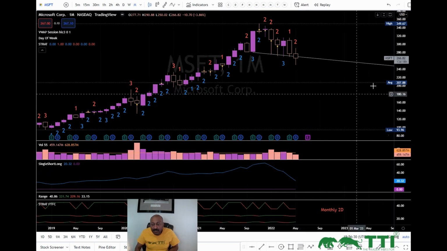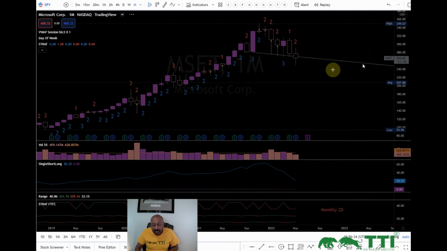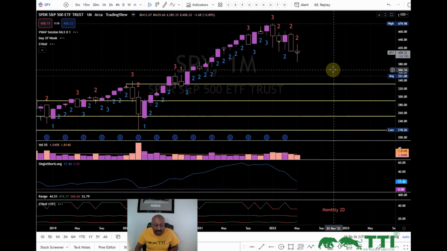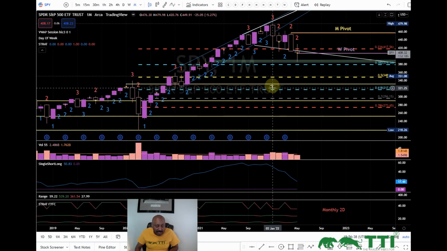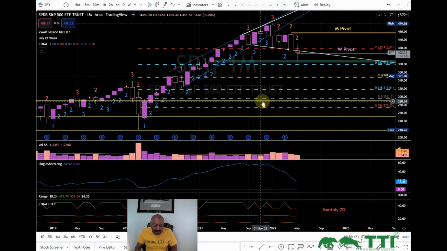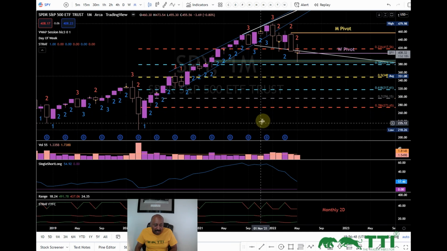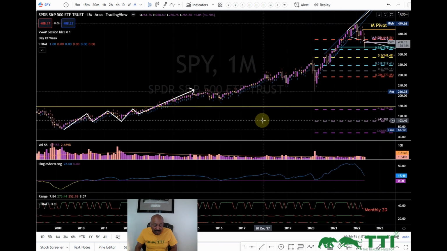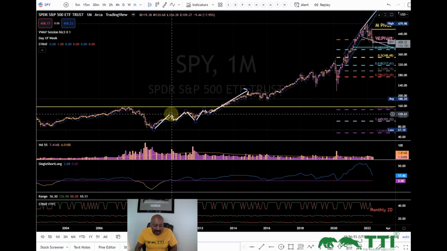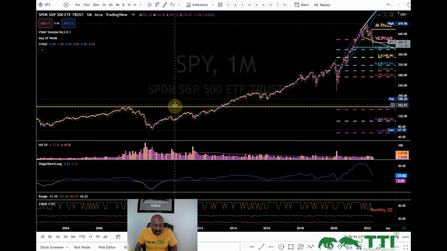The key right now is we're just going to look at charts. That's all we're going to look at. And we're going to draw our structure and our support and resistance. That's all I want you to do.